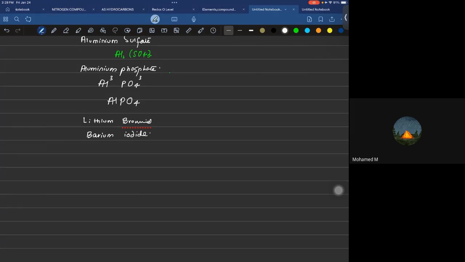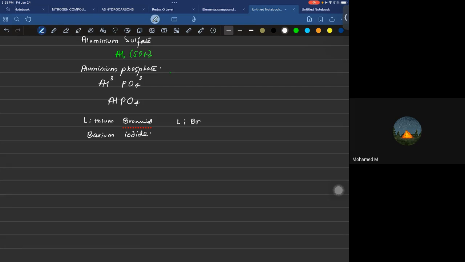It is in group 7, so it'll have a valency of 1, it'll just be LiBr. They both cancel out. Lithium bromide, LiBr. That's it. Because lithium is in group 1, so the valency is 1. Bromine is in group 7, so the valency is 1. Both are 1 and 1. That's why I'm going to write only LiBr. Okay, very easy.